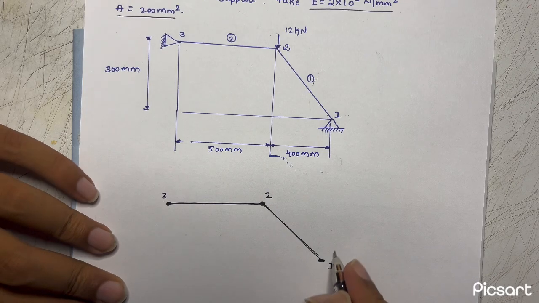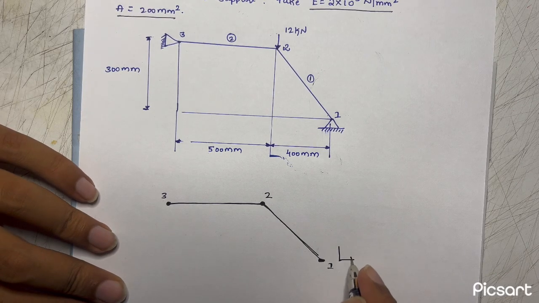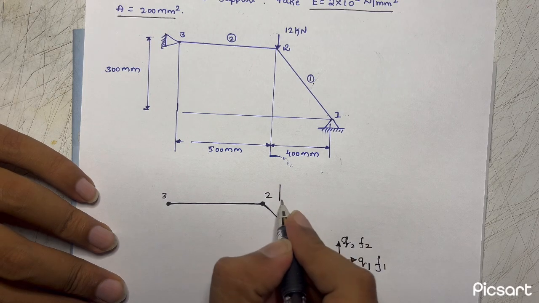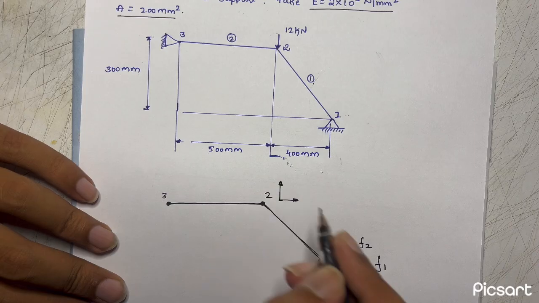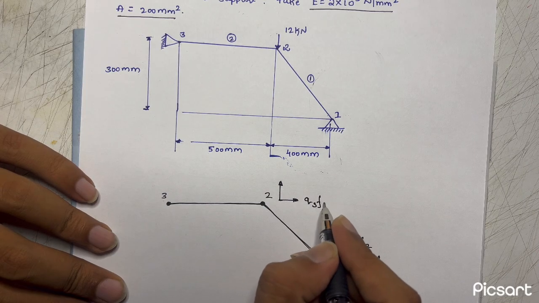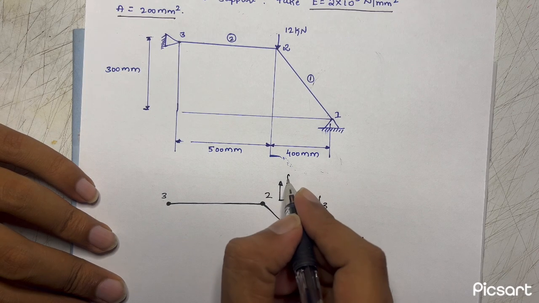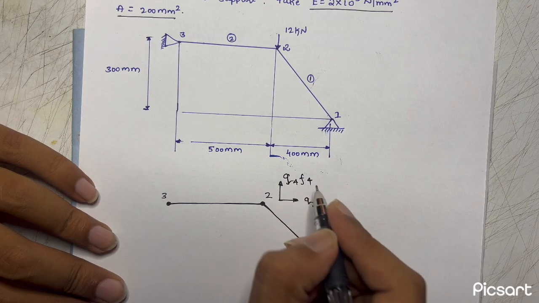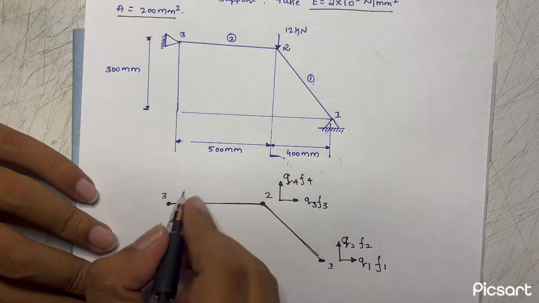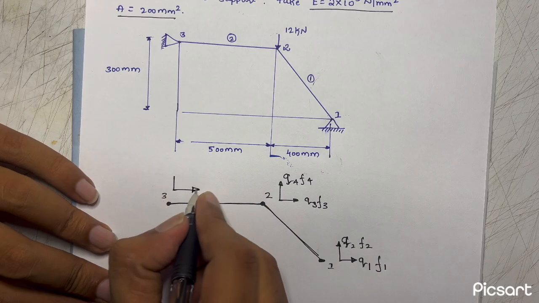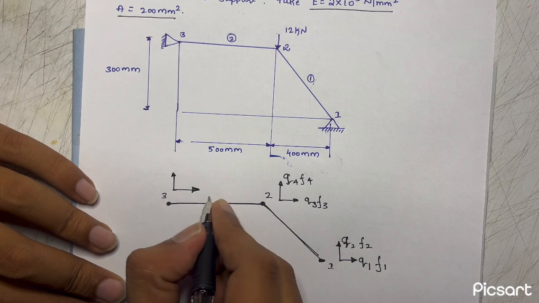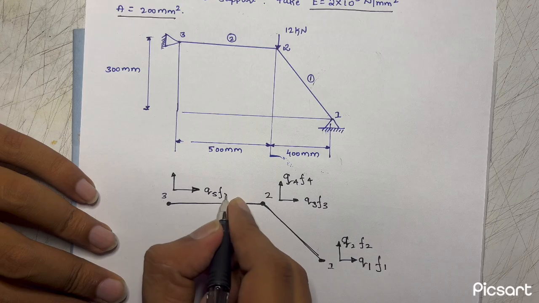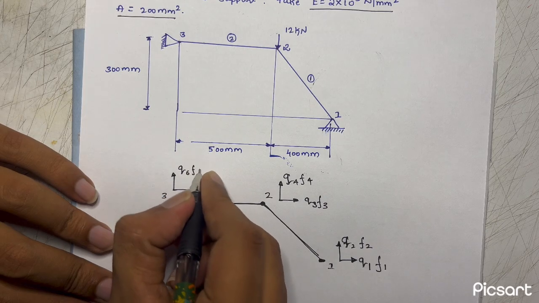At this node 1 we will be having Q1 as well as F1. So in vertical direction Q2, F2. Here at node 2 in horizontal direction Q3, F3, Q4, F4. Similarly at node 3 in horizontal direction this is Q5, F5, here Q6, F6.